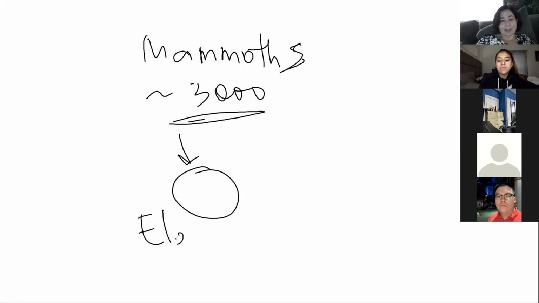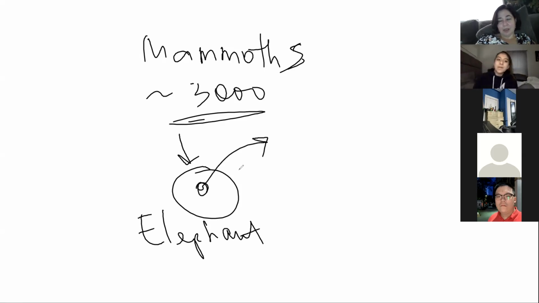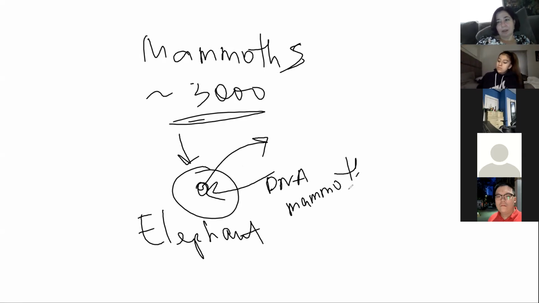You take an elephant egg cell, pull out the DNA of the elephant, and insert the DNA of the mammoth. And here you go. An elephant is going to give birth to a mammoth. The question is, what are you going to do with this mammoth? What do you think? What are you going to do with the mammoth?